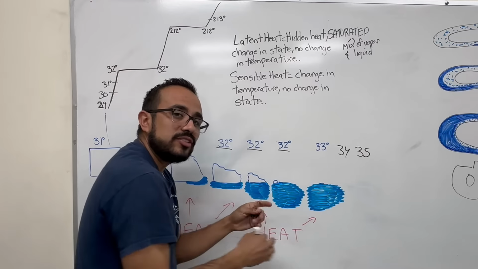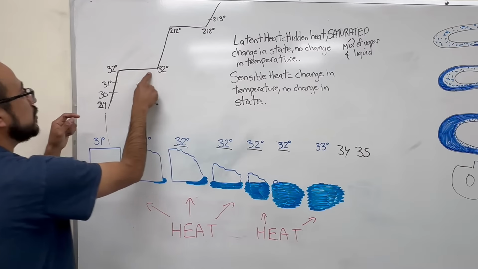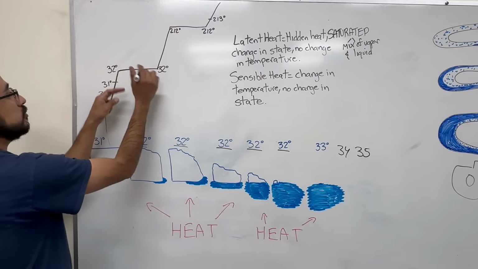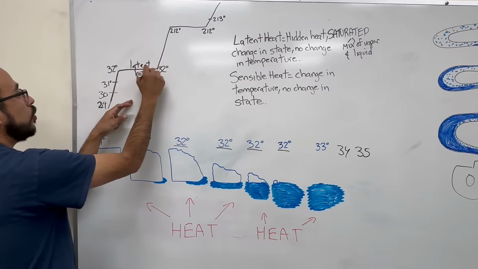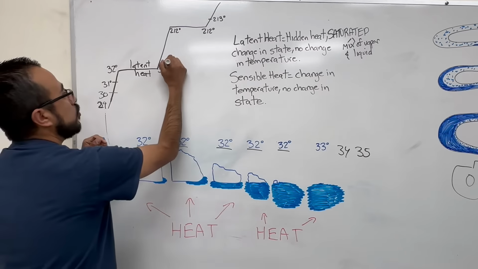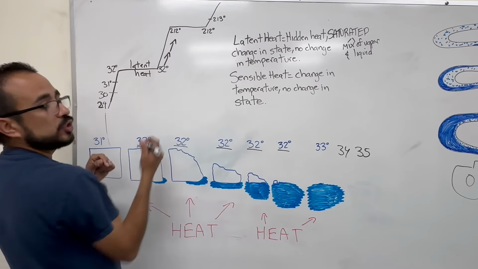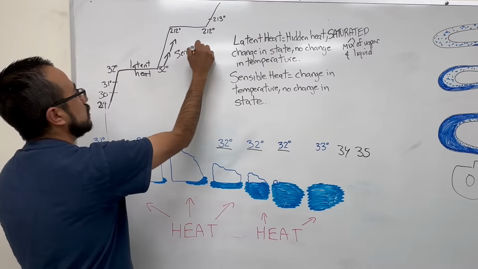I'm adding heat. That's your sensible heat. When you look at this graph here, because we're away from that change of state, and we can put latent heat here. Once it's 100% liquid, right, now we can go up in temperature, and that's sensible heat.